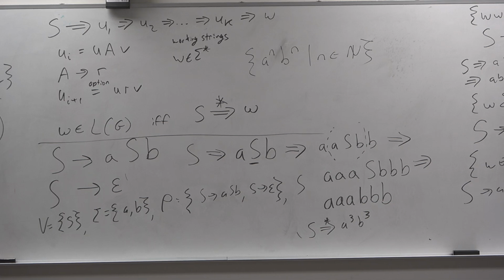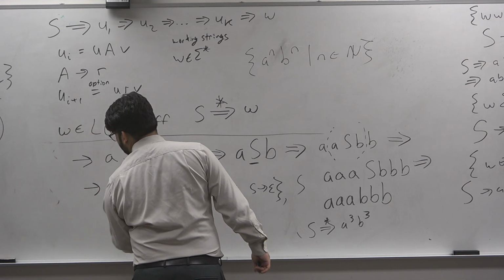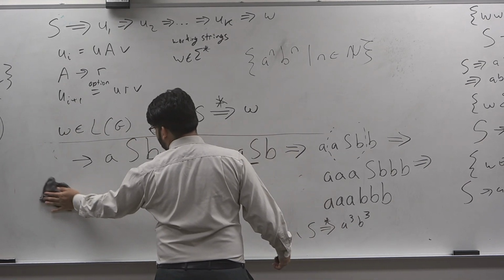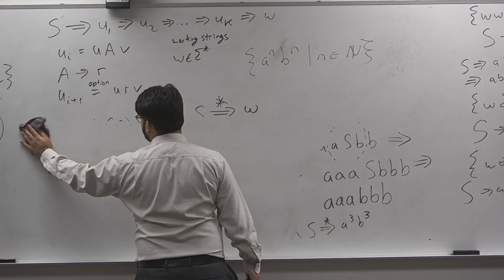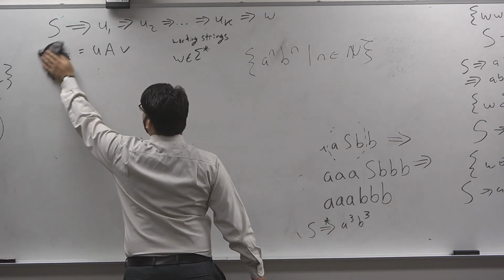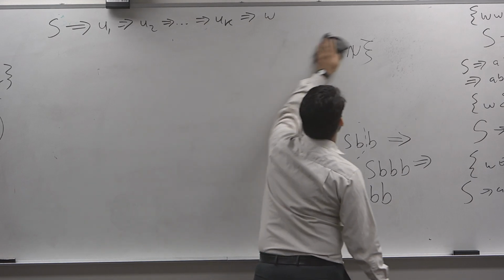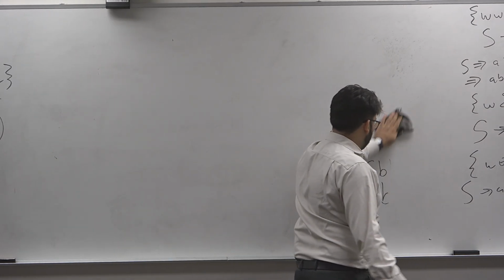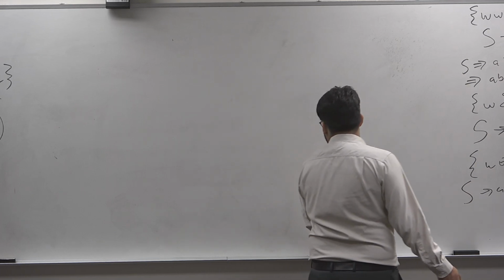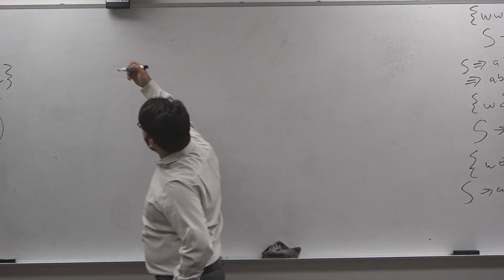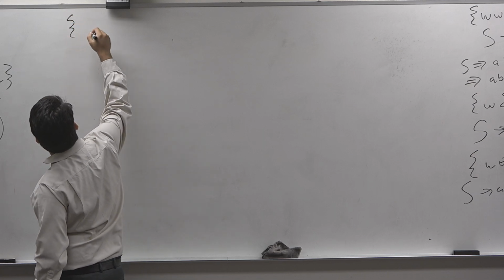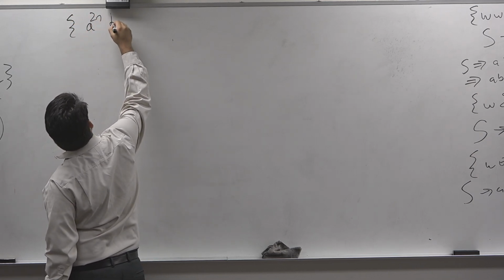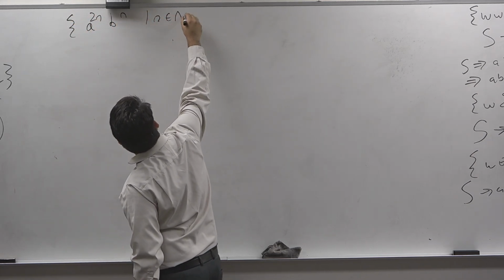Let's do a non-trivial one. Suppose we know how to do a to the n, b to the n, but suppose I ask for a to the 2n, b to the n, n a natural.